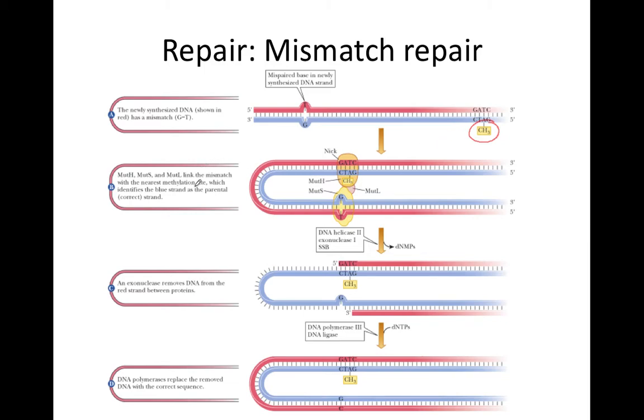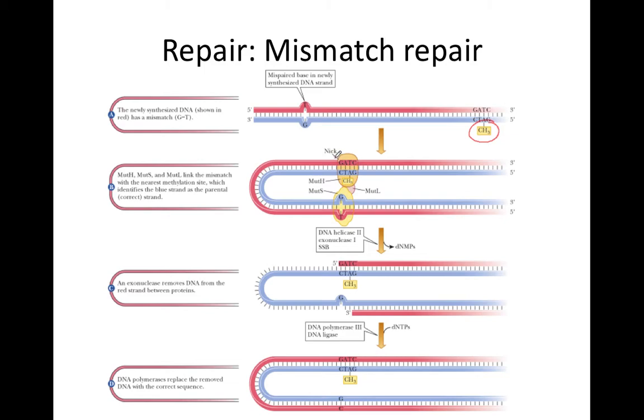So in this case, there are 3 enzymes that we make use of. We have MutH, which recognizes the parent strand, and MutS, which recognizes the mismatched position, and MutL connects both MutH and MutS to each other so that the strand which contains the wrong base can be removed.